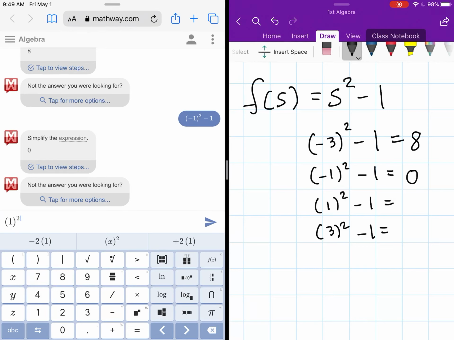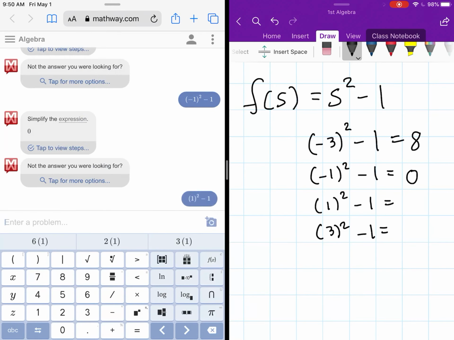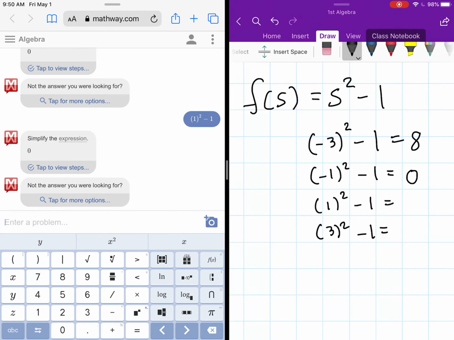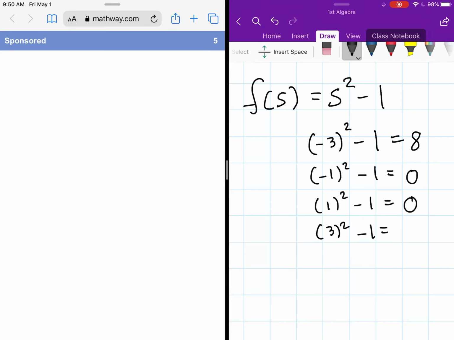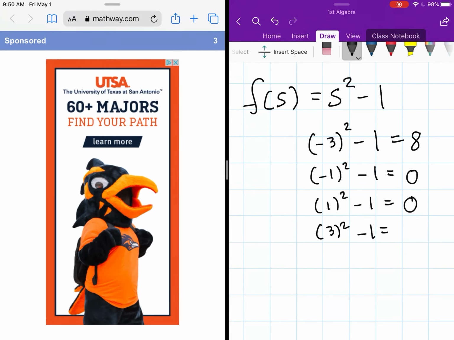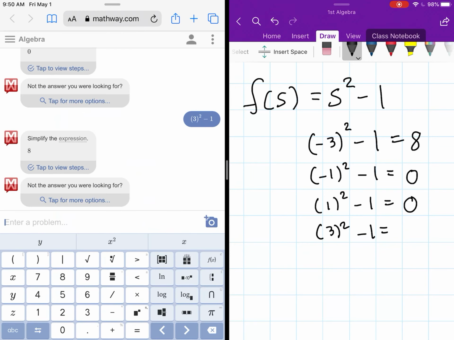Make sure that when you're finished with the exponent, click on the side to move it down. Minus 1. So this next one is also going to be 0. And then parentheses 3 squared minus 1. This next one is going to give me 8.